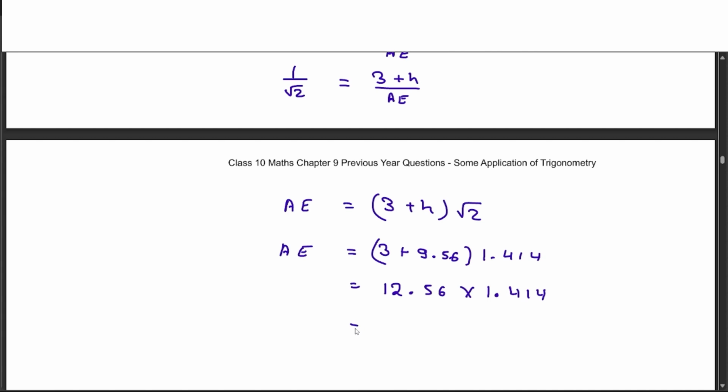So you multiply, and you will get 17.76 meters. So the length of the ladder is 17.76 meters. Hope you have got this question.